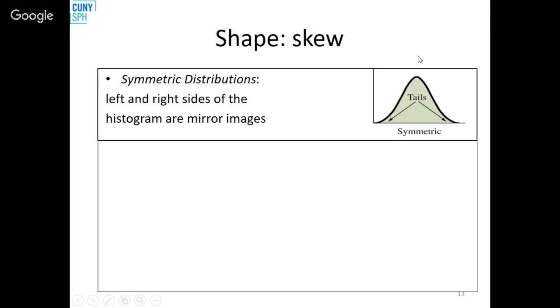With symmetric distributions, this is made to look like a normal distribution, which we will return to quite a bit. It is symmetric, meaning that if we draw a line in the middle of it, it's a mirror image on either side.